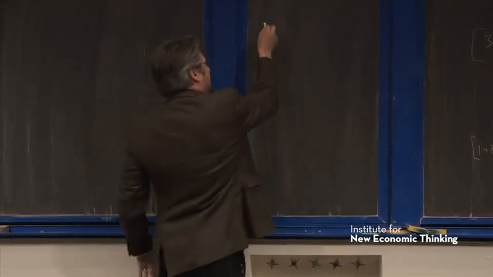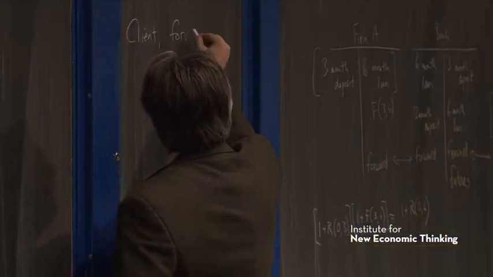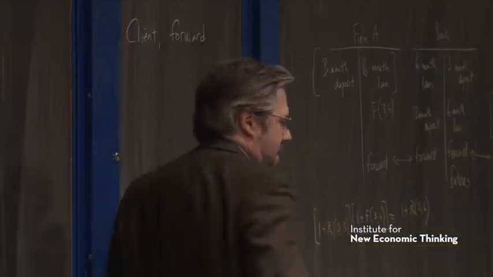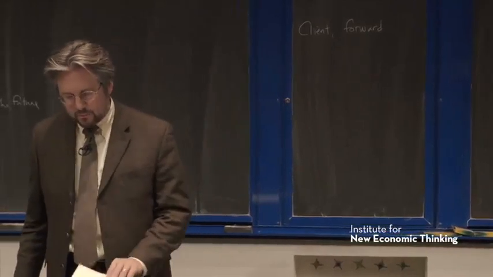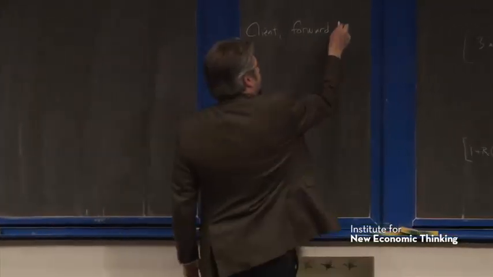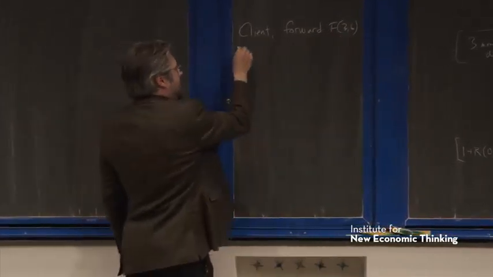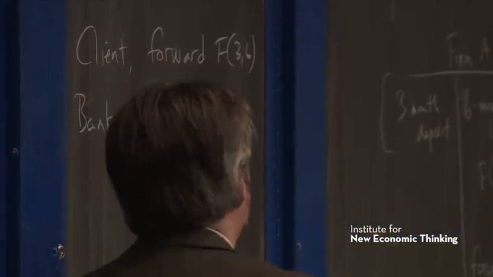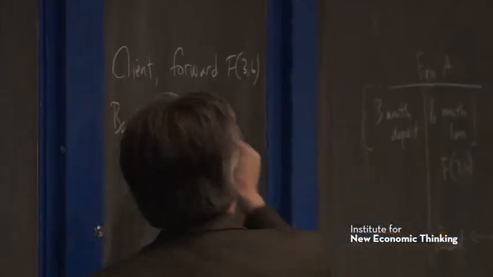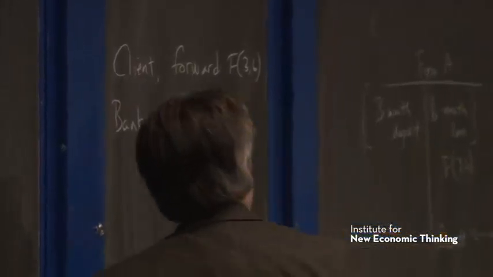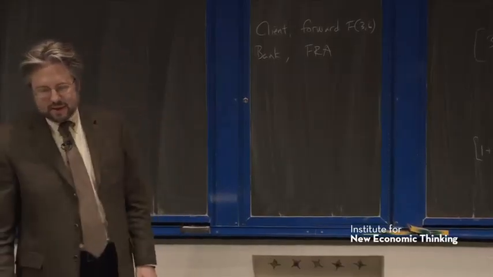There's the client, who is interested in locking in a loan here at this interest rate. The bank does that and hedges its own position with other banks, say in the forward rate agreement, which we've talked about earlier on in this course, the banking system.